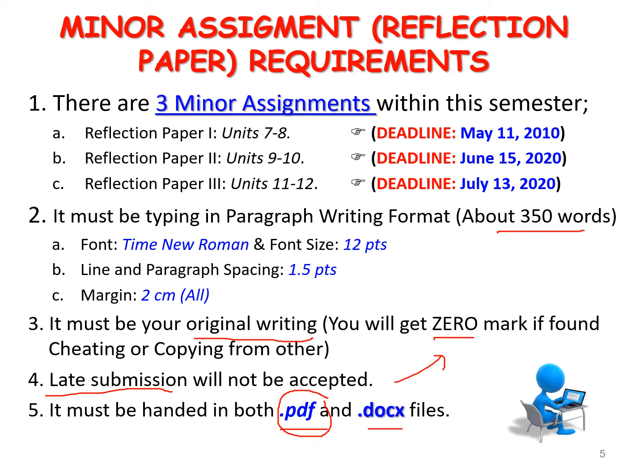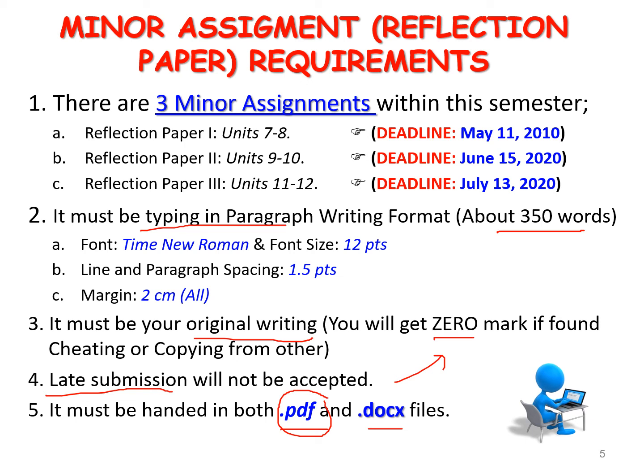Okay. So in this slide, you can see we have 3 minor assignments, with the same outline here, right? 1, 2, and number 3. For one minor assignment or reflection paper, you want to do and reflect on 2 units each, right? And this part you need to type it.